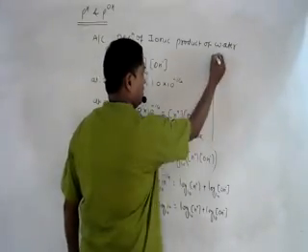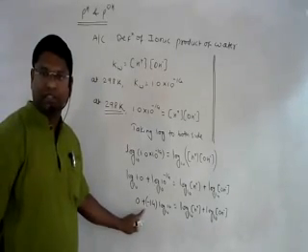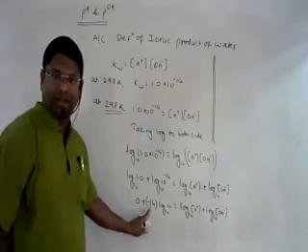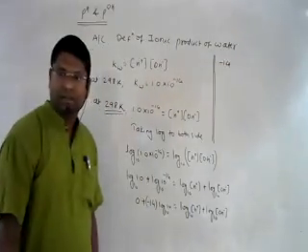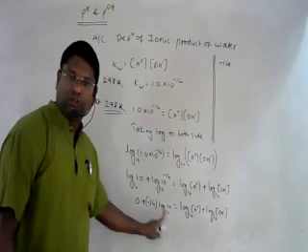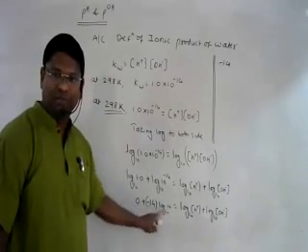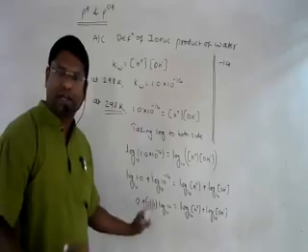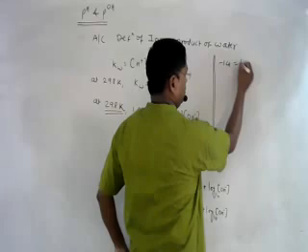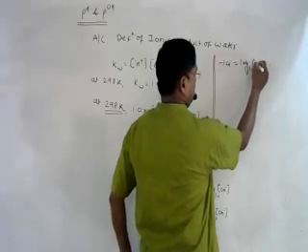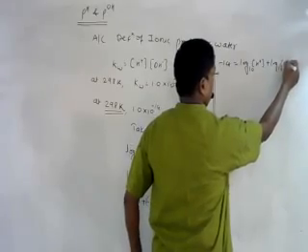Let's solve again. 0 plus this one is minus 14. The value of log to the base 10 of 10 is 1, so 1 into minus 14 is minus 14. This is equal to log to the base 10 H positive plus log to the base 10 OH negative.